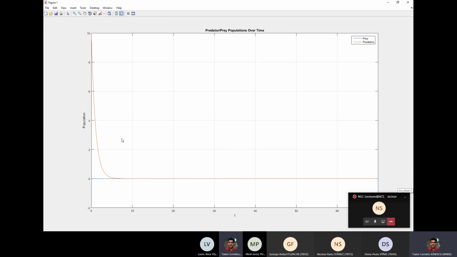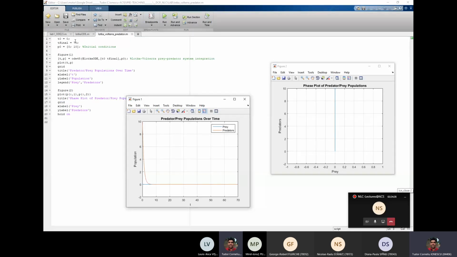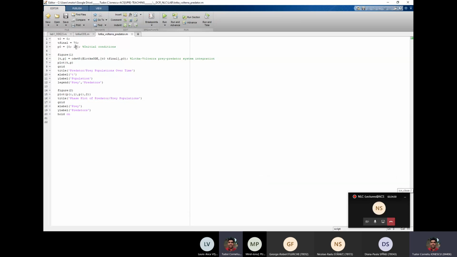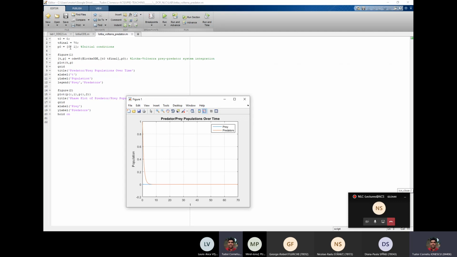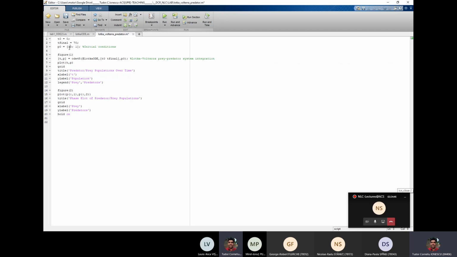This is what this graph shows you. Even if you have one predator and no prey, that predator dies out after a certain period of time. So the idea is to have both predator and prey.